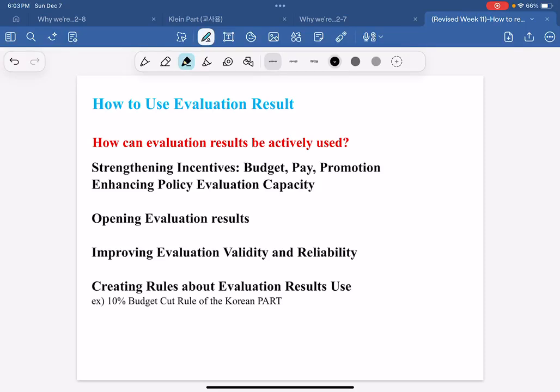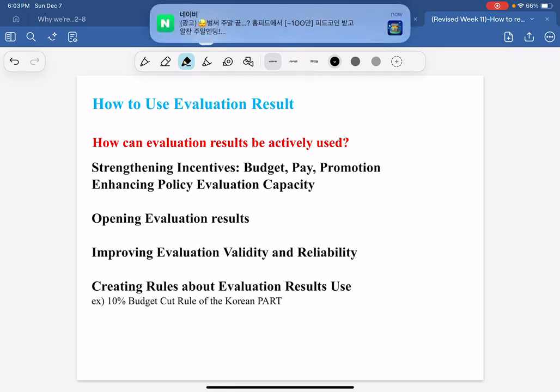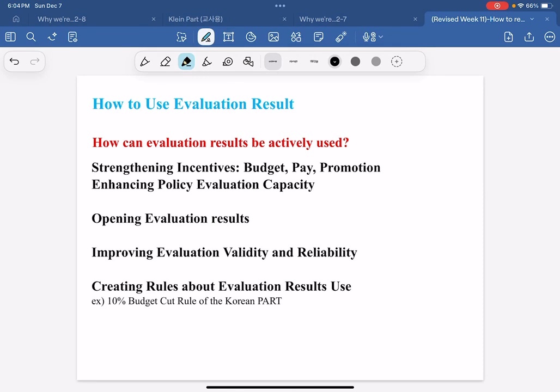And in the Korean PART, if programs or policies were evaluated as negative or ineffective, there was an automatic budget cut, and public officials were very pressured because of this mandatory evaluation result use, right?